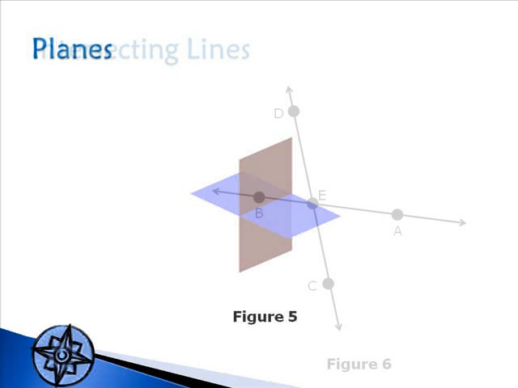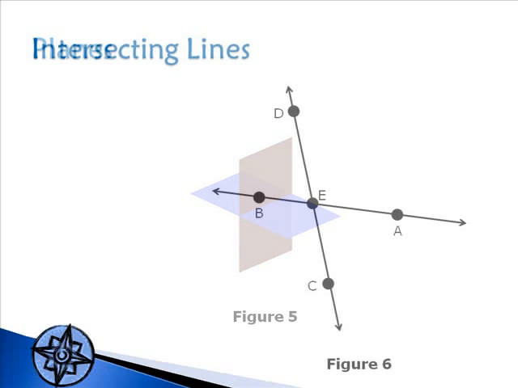Plane theorem 2. If two lines intersect, then exactly one plane contains both lines. Consider figure 6. You know from the postulates above that because they are on the same line, points A and B are in a single plane, because every point on a single line lies in the same plane.